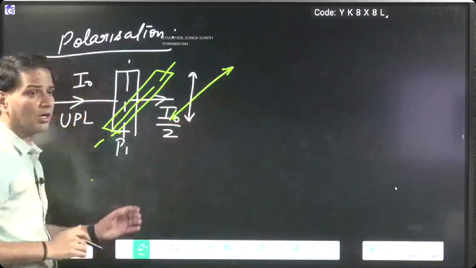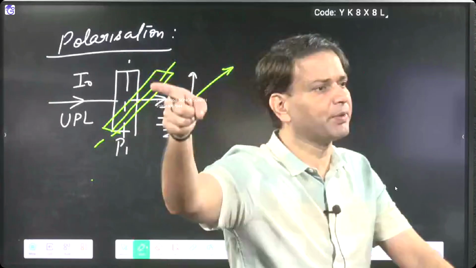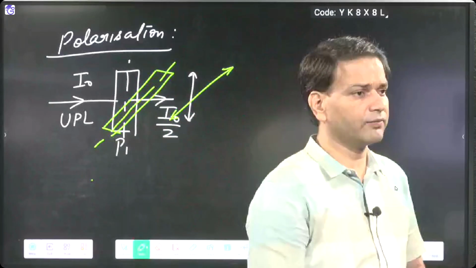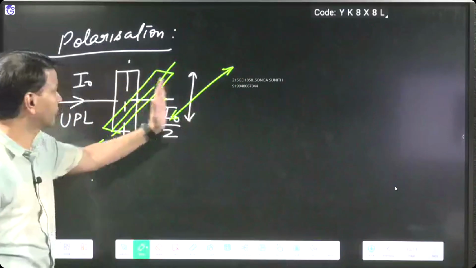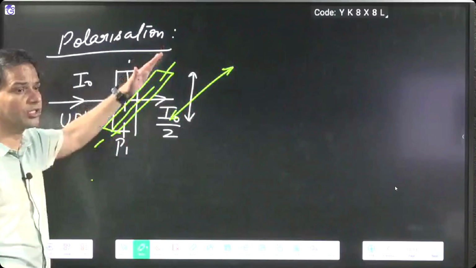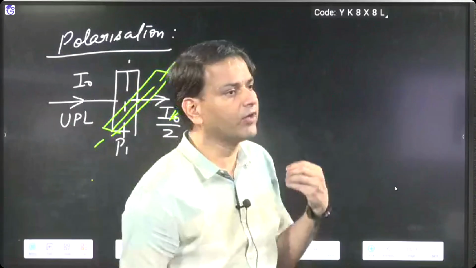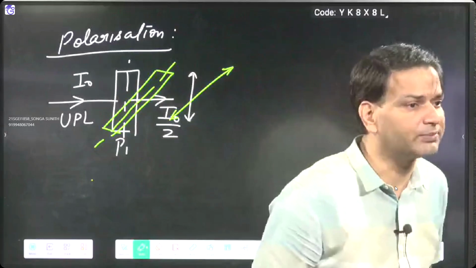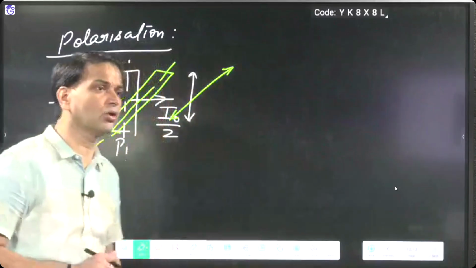According to the orientation, we will get the PPL. But in the first polarizer, what is the intensity transmitted? I naught by 2. That will not depend upon the orientation. Understood or not?